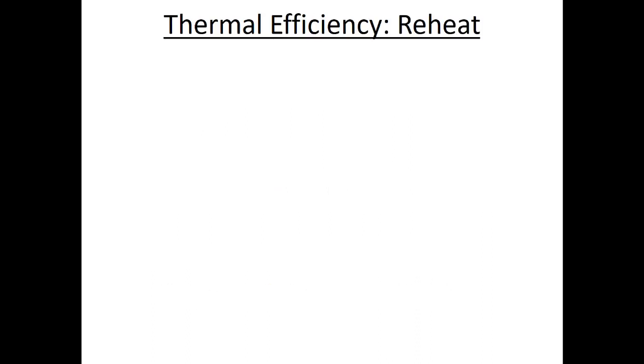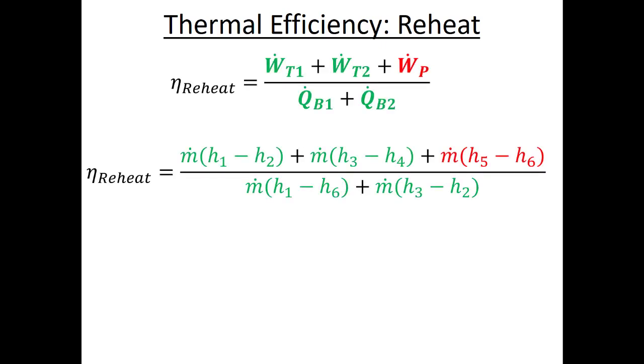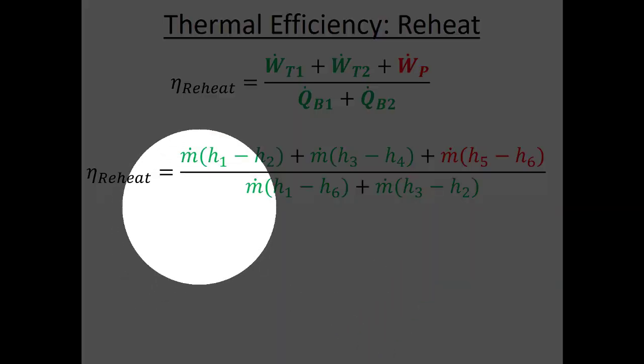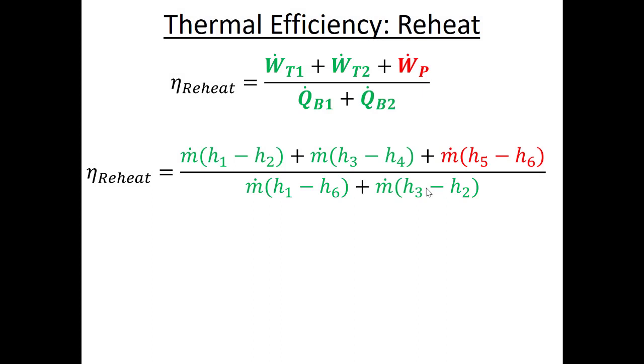So this is nice because when I look at my thermal efficiency, I'm going to put in all the equations that I have, right? So this is the first turbine power, the second turbine power, the pump power, and the heat addition terms. All of these terms are m dot times something. And I think this problem didn't tell me what m dot is, but it turns out that doesn't matter, right?